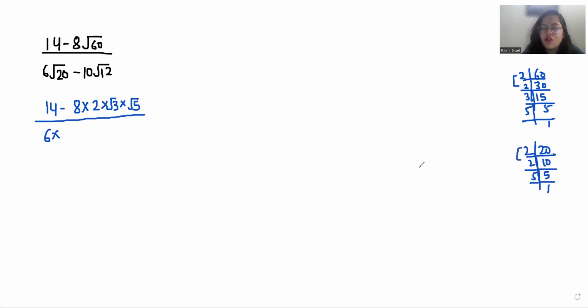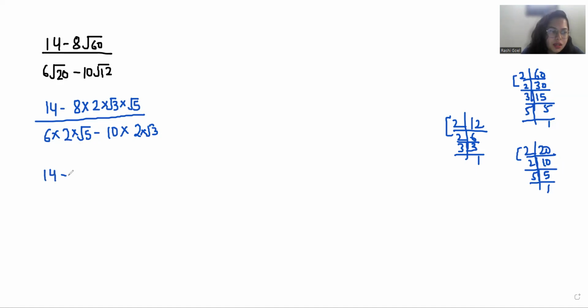These pairs will come out from the square root. So 2 times root 5 minus 10 times root 12 as 2 root 3. Now 14 minus 8 times 2 is 16 root 15 by 12 root 5 minus 20 root 3.